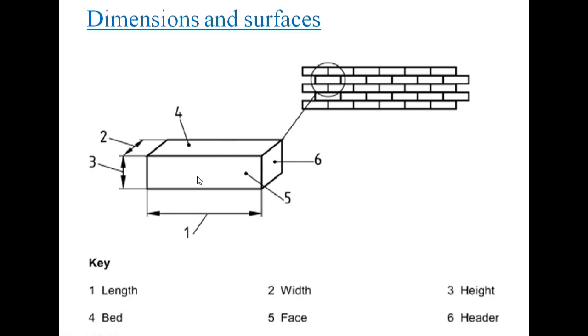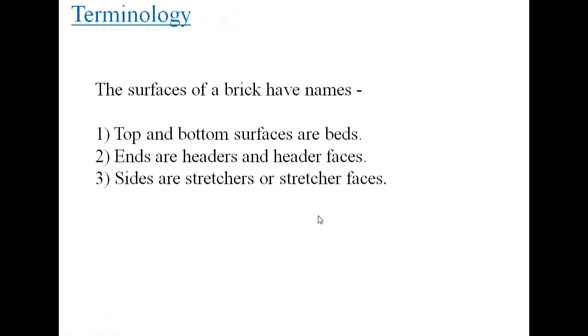If you are asked the area of the stretcher face, you have to multiply height by length, so 3 multiplied by 1. And if you are asked the area of the header, you have to multiply height by width. That will be the header face. So we have to remember this.